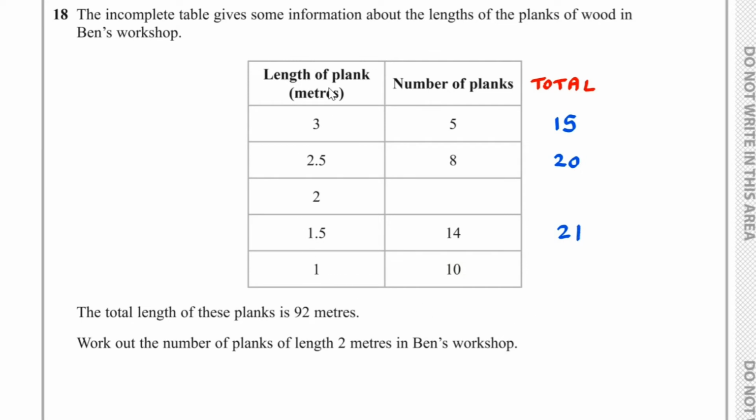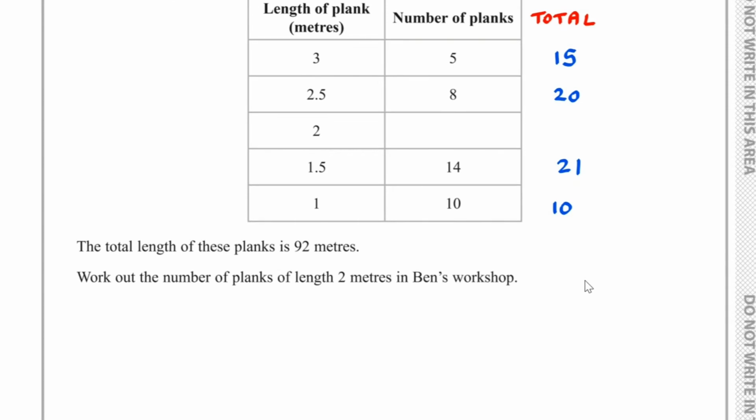And then for the 1 meter planks, we've got 10 of those, so the total length of all those 1 meter planks is 10. And we know that the total length of these is equal to 92. Now let's just call this length A. What we have then is 15 plus 20 plus A plus 21 plus 10.